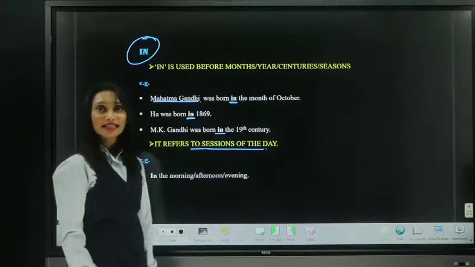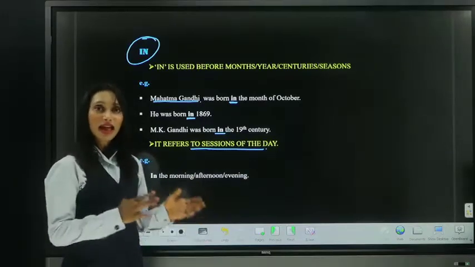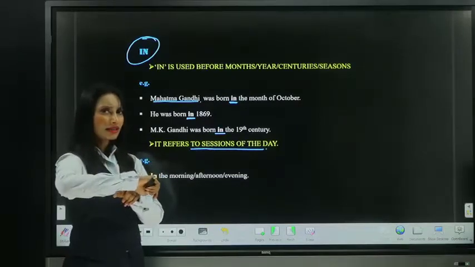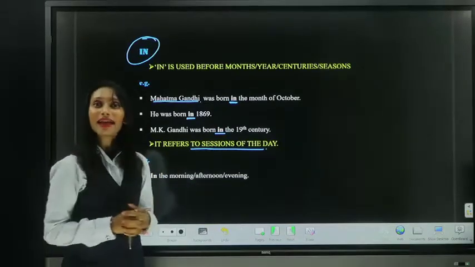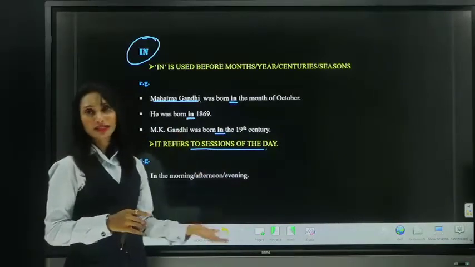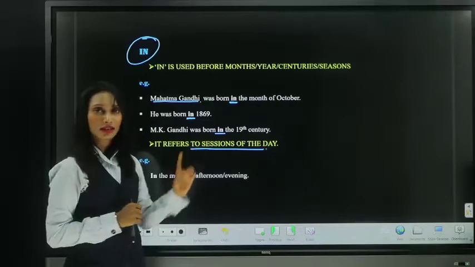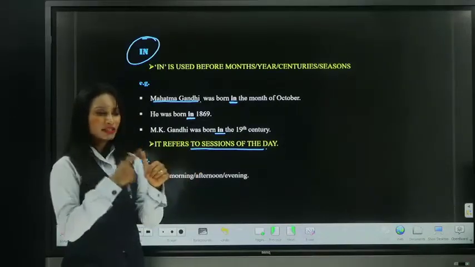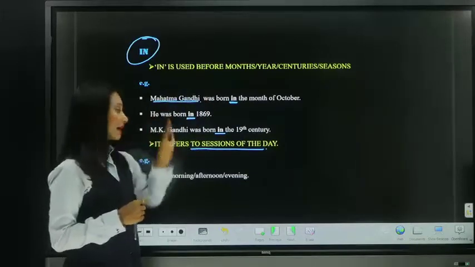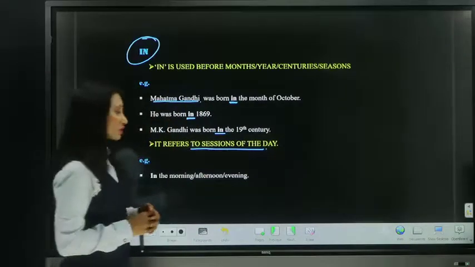That is the difference between "in" and "at". "At" is for clock timings, holiday periods, and before words like night, midday, midnight, etc. "In" is used before seasons, centuries, months, years, and also the sessions of the day.